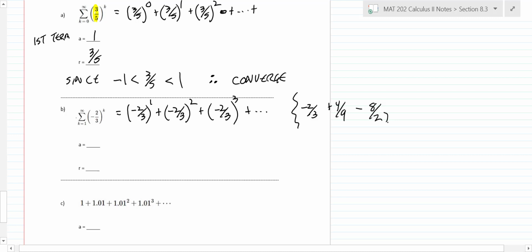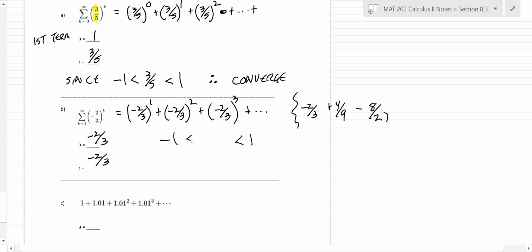Okay, so tell me what A is. First term. Okay, first term's -2/3. How about R? What's R? -2/3. Okay, so would this converge or diverge? It all depends on what R is. Is it between -1 and 1?